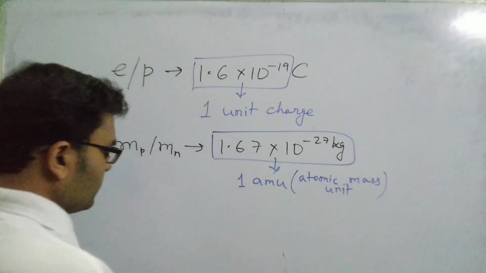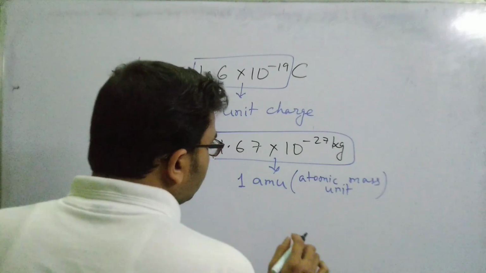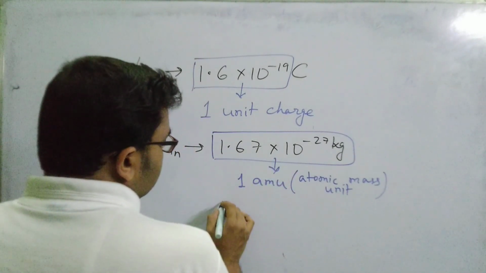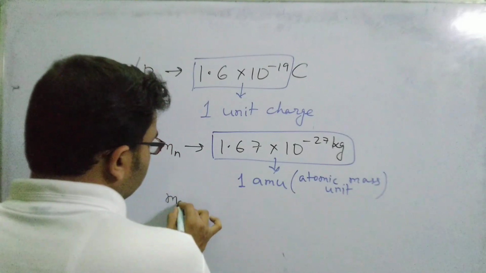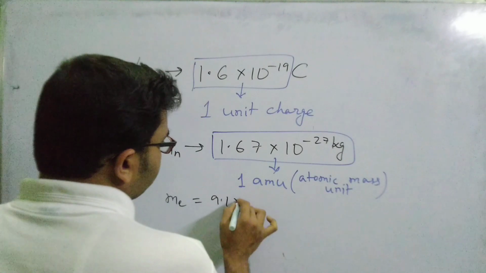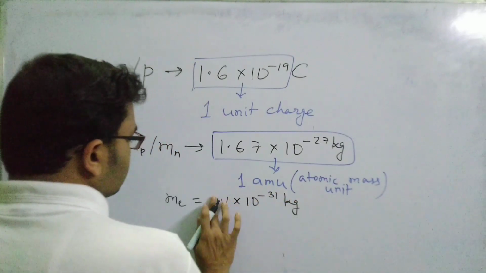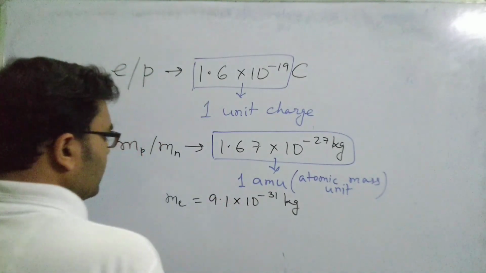If we consider the mass of the electron with respect to the mass of the proton or neutron, it's quite low, because forget about the magnitude or the value, just consider the order of magnitude. It is an order of the power of 10. The mass of the electron was something like this: 9.1 into 10 to the power minus 31 kg. Now, just leave out this 9.1 factor and consider this factor 10 to the power minus 31.